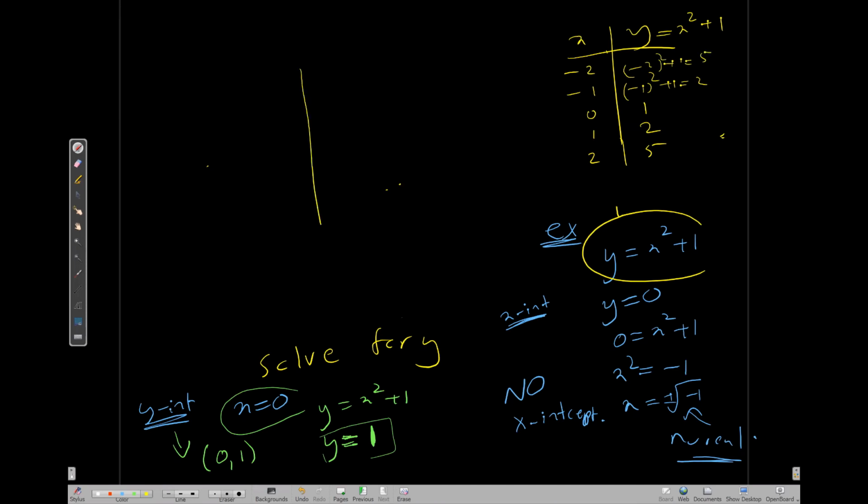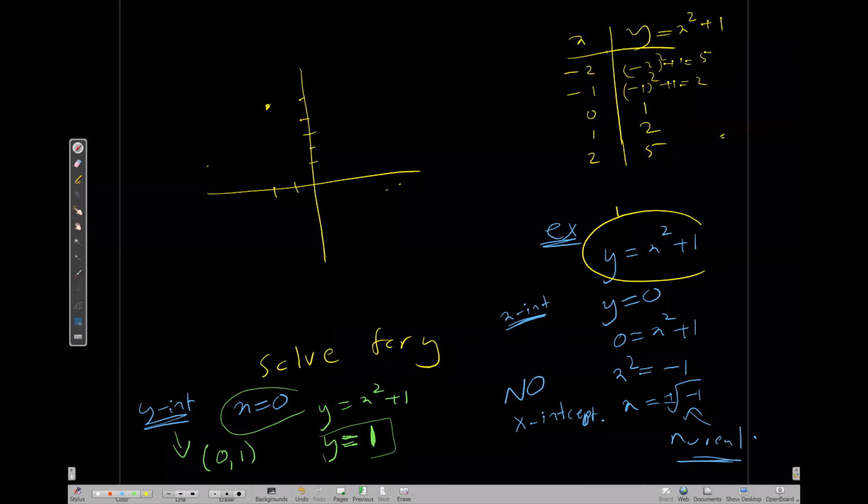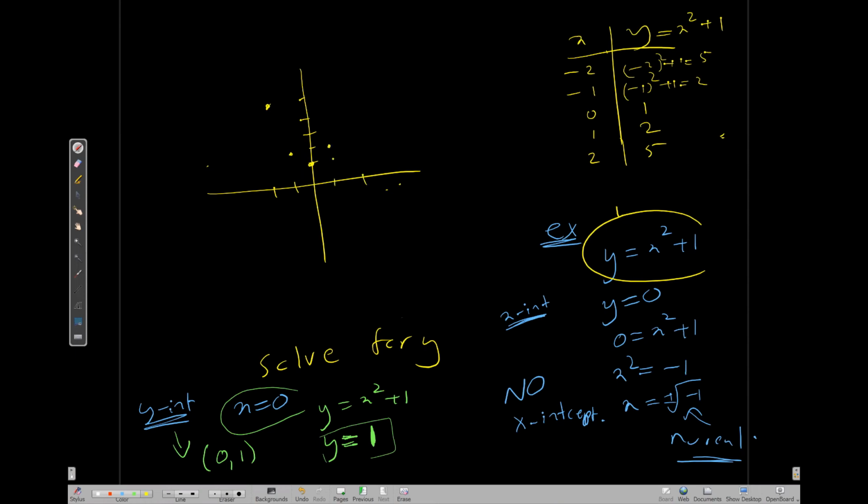So if you draw this graph, negative 2 comma 5 is somewhere here, negative 1 comma 2 somewhere here, 0 comma 1 somewhere here, 1 comma 2 somewhere here, 2 comma 5 somewhere here.